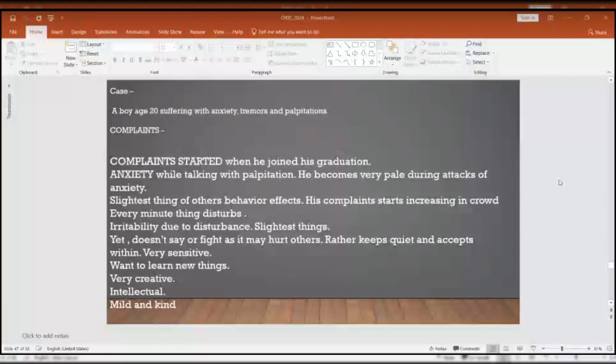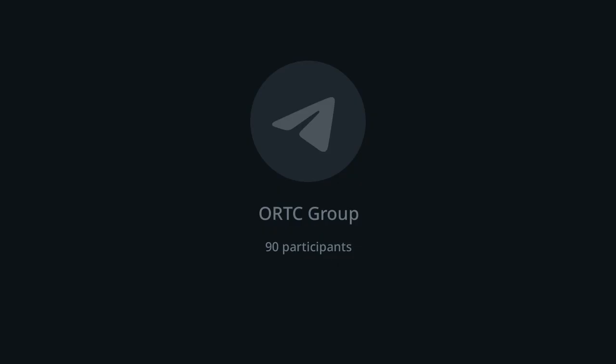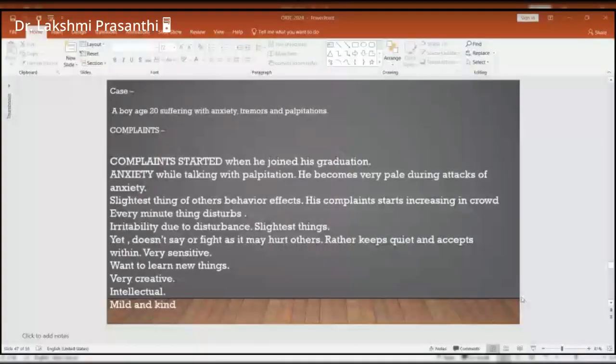Okay. And he became very pale during these attacks of anxiety. A slightest thing or a slightest behavior used to affect him. His complaints used to increase when there was a severe crowd, too much crowd. Every minute thing used to disturb him. When I was taking the case, I was just normally removing the pen, and with that itself he told me, ma'am, please don't move it because it is somehow irritating me.